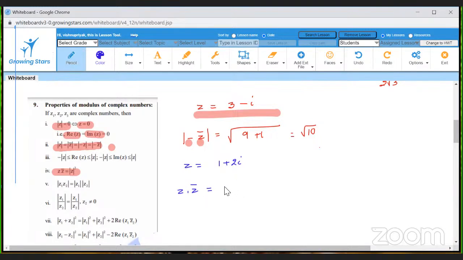Directly you take the mod, 1 plus 4, and square it. That means no root. 5 will be the answer. See how it became easy? The shortcut methods will be interesting if you use them. What I did here, I took the mod of z and I squared it.